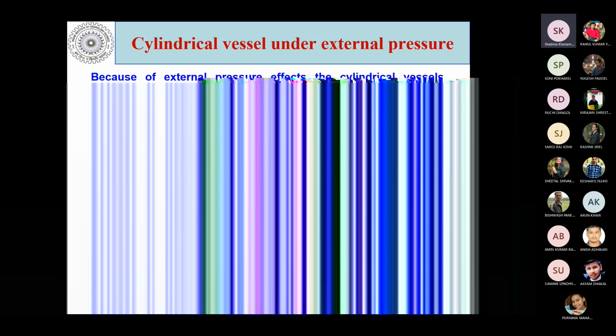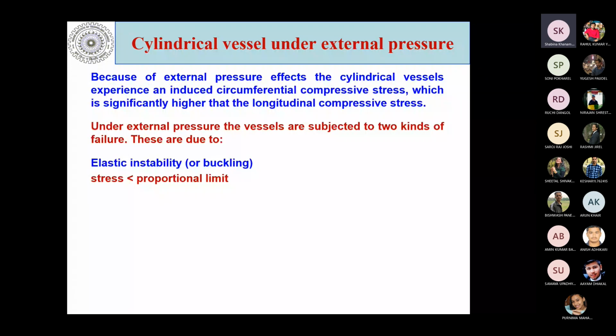Elastic instability means that when the pressure vessel faces this type of situation, the actual shape can still be maintained. That is the condition for elastic failure or elastic instability.